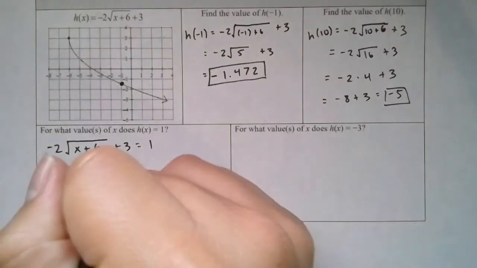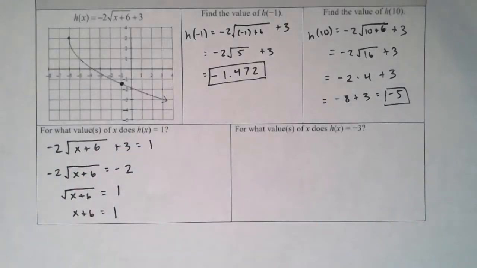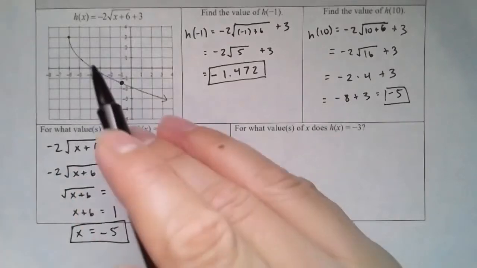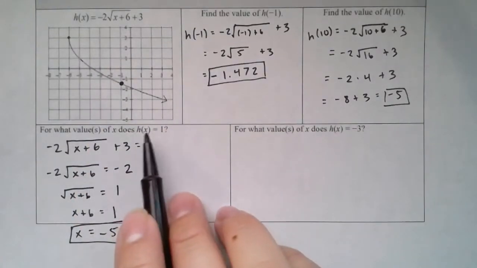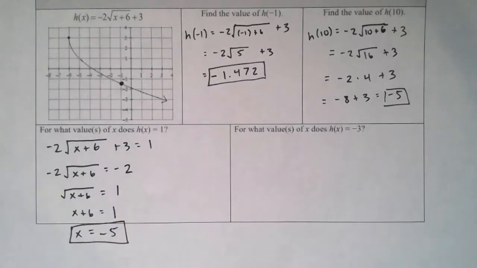So I get x plus 6 is equal to 1 squared, which is just 1. And then I subtract 6 from both sides, and I get x is equal to -5. And we've just shown it algebraically and graphically that h of -5 is equal to 1.